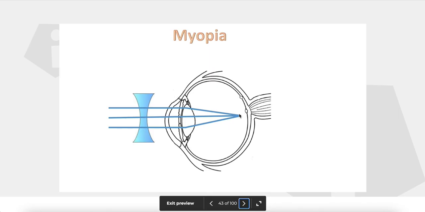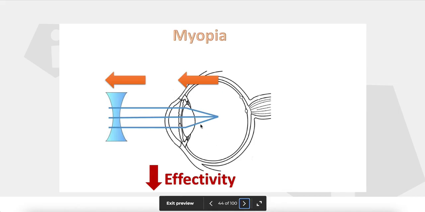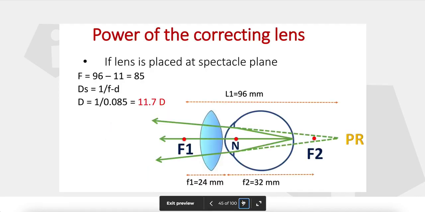In order to make the focus on the retina, we can either increase the power of the minus lens, or we can move the minus lens toward the eye, because if we move the minus lens away from the eye, the focus will move forward again, away from the retina, decreasing the effectivity. But if we move the minus lens toward the eye, the light rays will again be focused on the retina, increasing the effectivity. That's why the myopic patient tends to push his glasses toward his eyes in order to gain a magnifying effect.